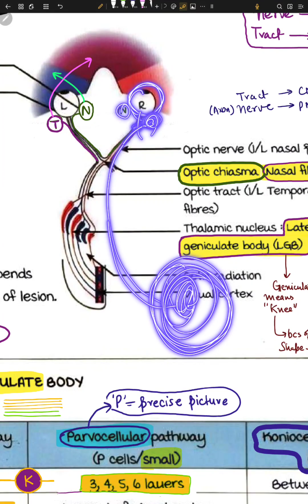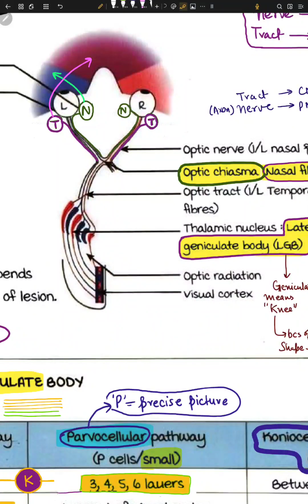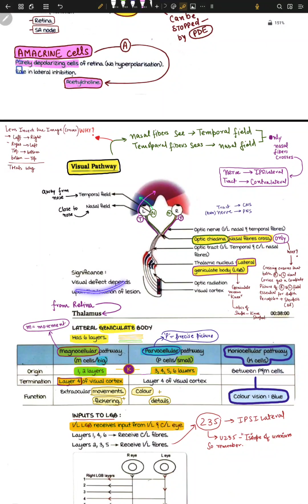But if the nasal fibers of the right eye are affected before crossing, the effect will be shown in the left cortex, because the nasal fibers cross at the chiasma. We understand this concept now.